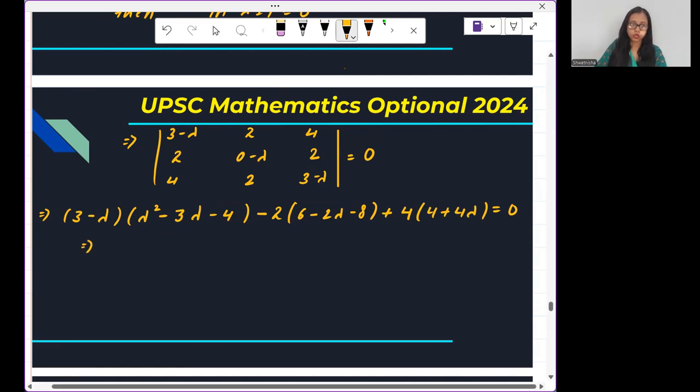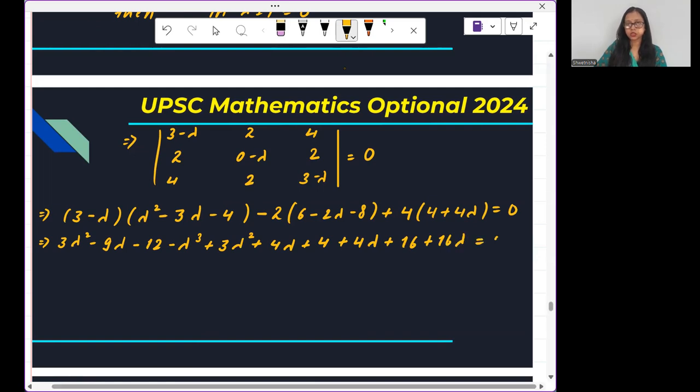So this gives you 3 lambda square minus 9 lambda minus 12 minus lambda cube plus 3 lambda square plus 4 lambda plus 4 plus 4 lambda plus 16 plus 16 lambda is equals to 0.